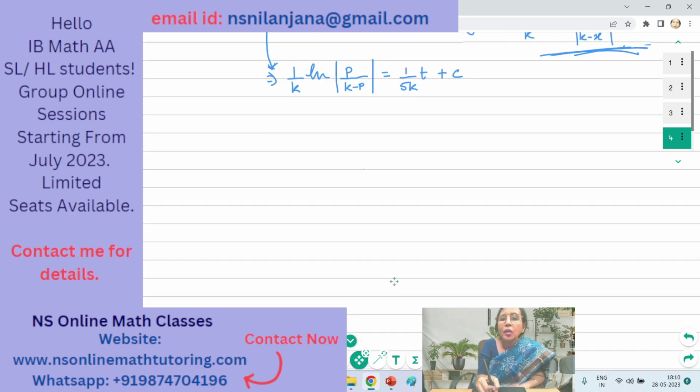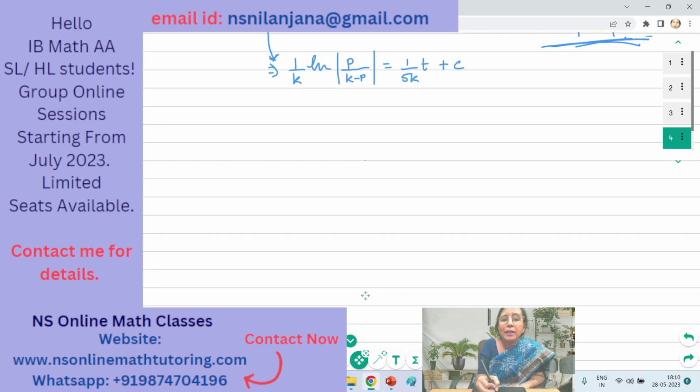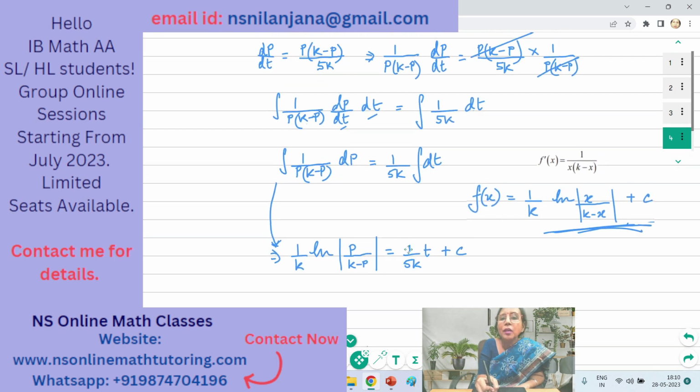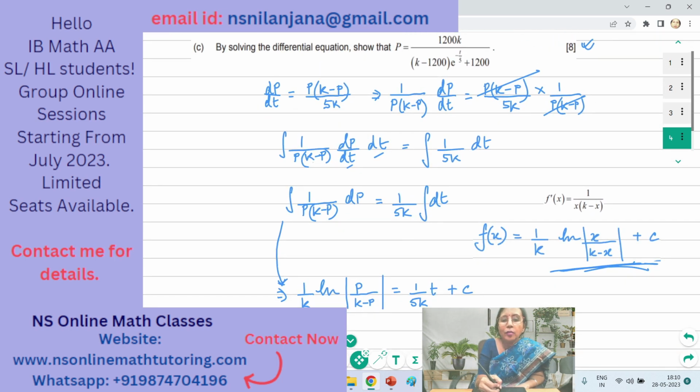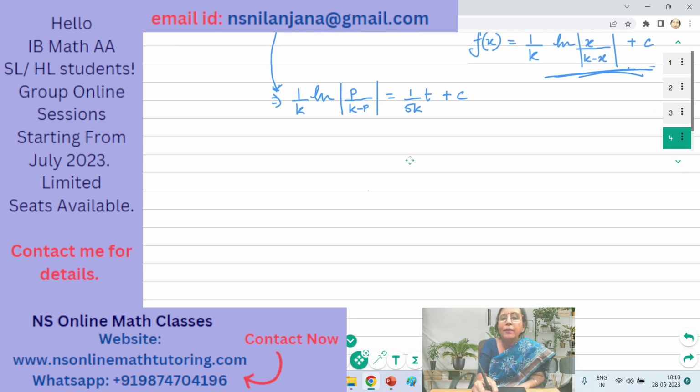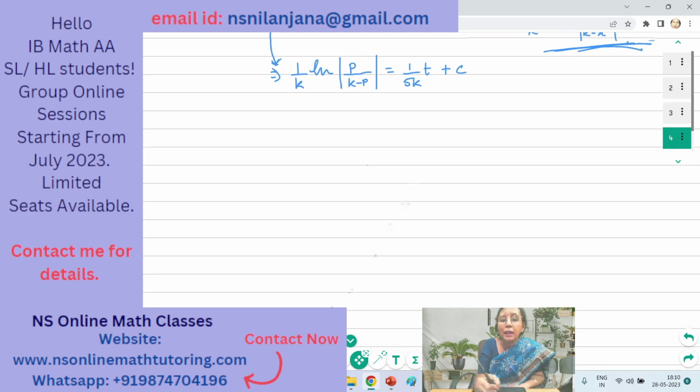Next, we can multiply the entire equation by k. So why am I multiplying? Because I need, you see, the p expression, I'm having 1 over 5. It is, of course, e to the power of t over 5. So I'll be having t over 5. There's no k over here. So I'm having t over 5k.